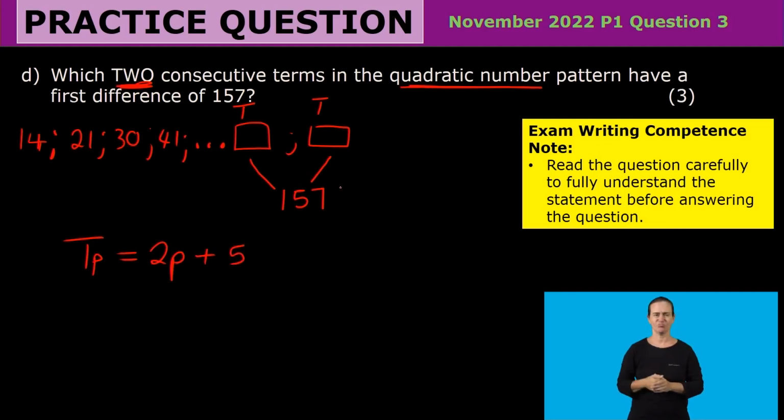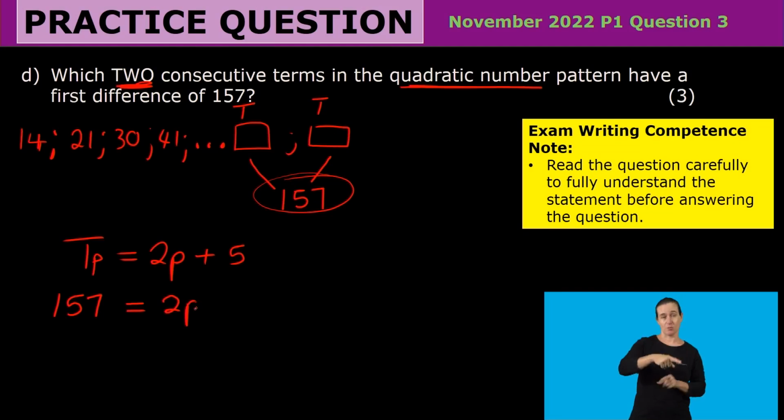Now we need to find which term is equal to 157. Of course, we can do that by substituting 157 in the place of Tp. That's going to be 2p plus 5. That is going to be 2p equals 152.